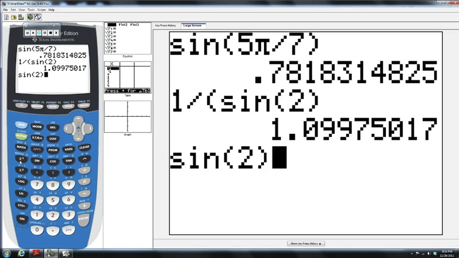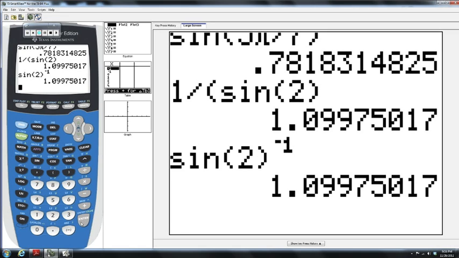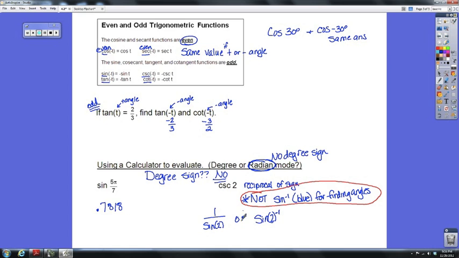You can do this little x to the -1 button like that, and then that'll work. 1.0998. Okay, so that wraps it up for section 4.2.